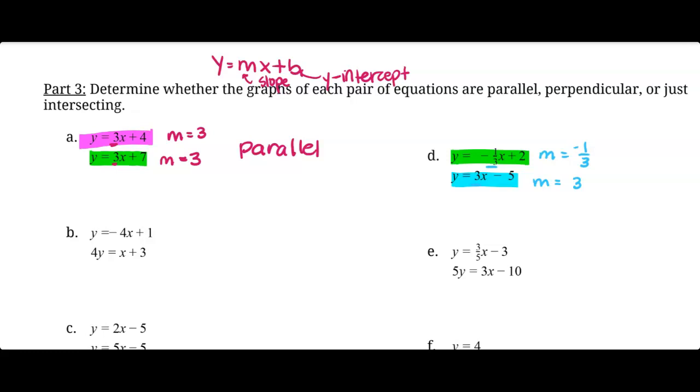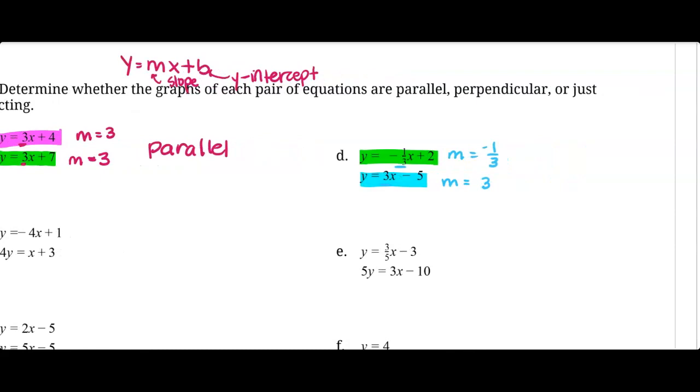No. Do the numbers multiply to be -1, or are they reciprocals? If I do -1/3 times 3, remember you just put 3 over 1, so -1 times 3 is -3, 3 times 1 is 3, -3 divided by 3 is -1. So yes, this product is -1, so these lines are perpendicular.